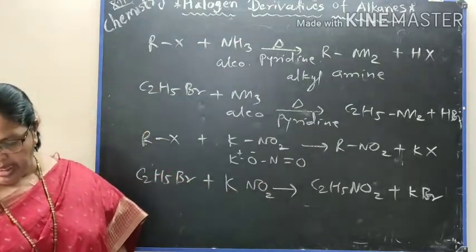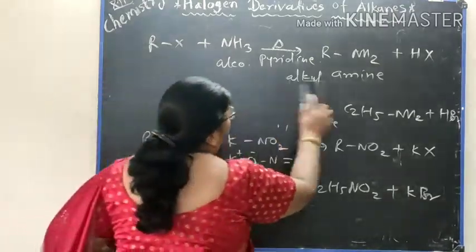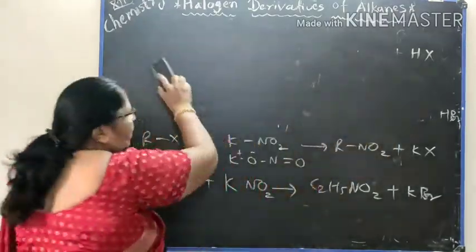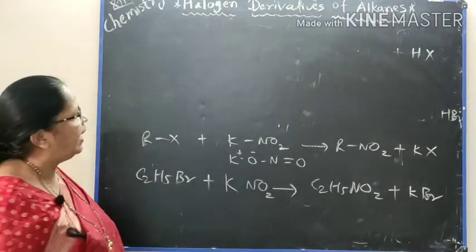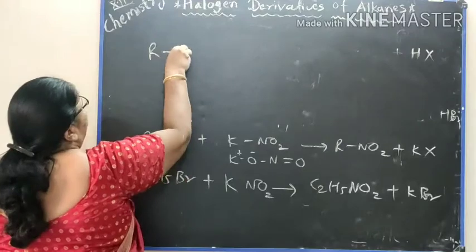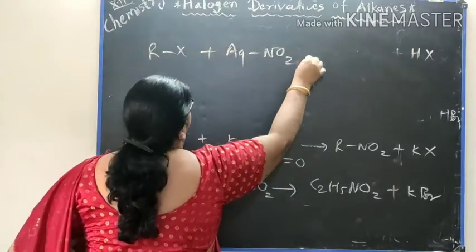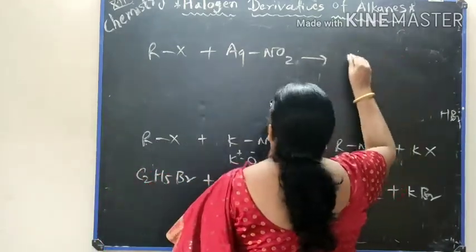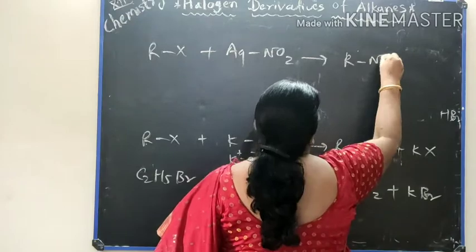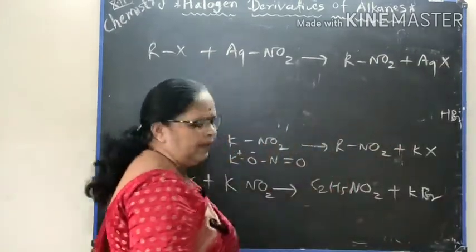Then the last reaction, that is, when alkyl halide is treated with silver nitrite, mostly it produces alkyl nitrite, RNO2, plus AgX, that is silver halide.